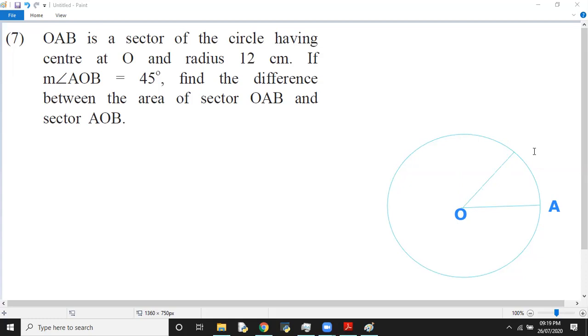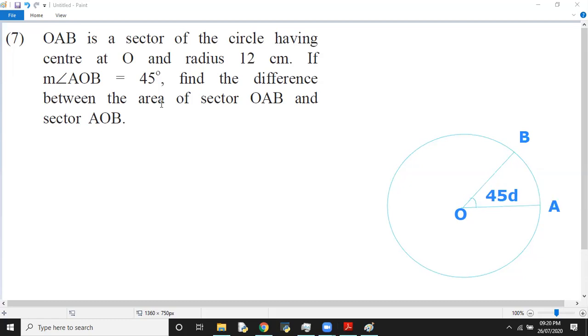This point name is capital B. This is our angle, 45 degree. I will write small d, which means the symbol of degree.